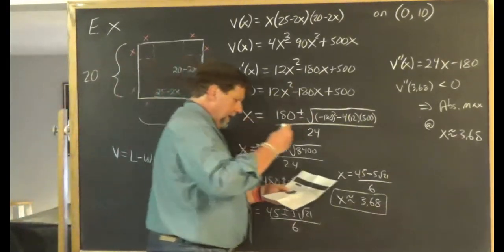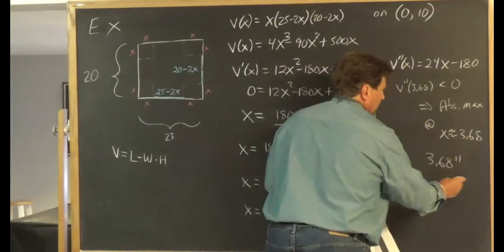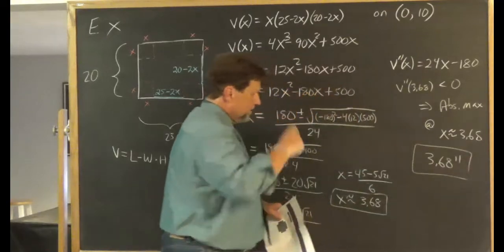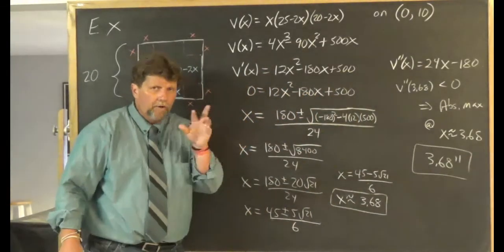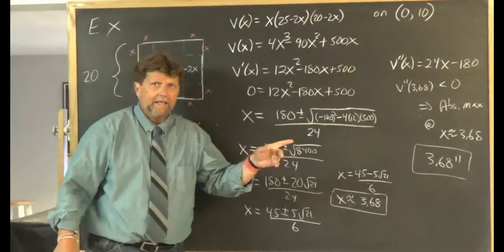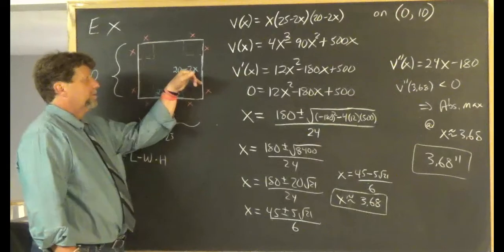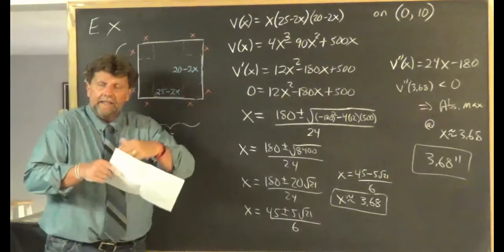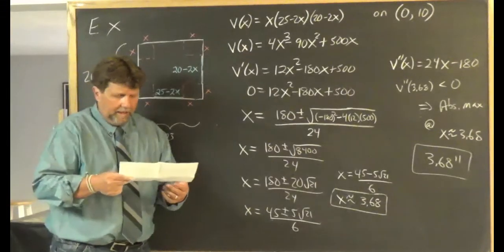So you need to make cuts of squares that are about 3.68 inches. And you could actually find all three dimensions. We know the height is 3.68 inches. You could put 3.68 in here for x and 3.68 in there for x to get the actual dimensions of the box that would have maximum volume. And you know what?